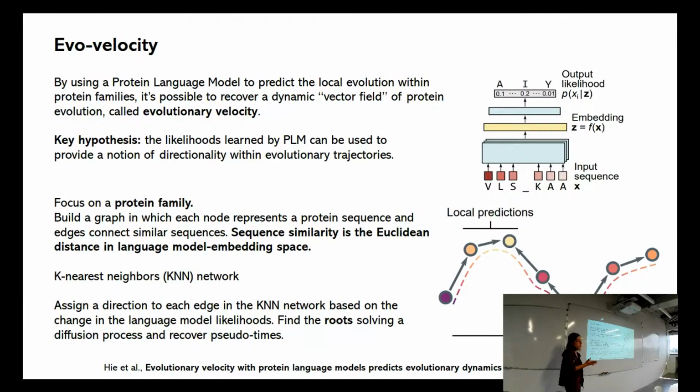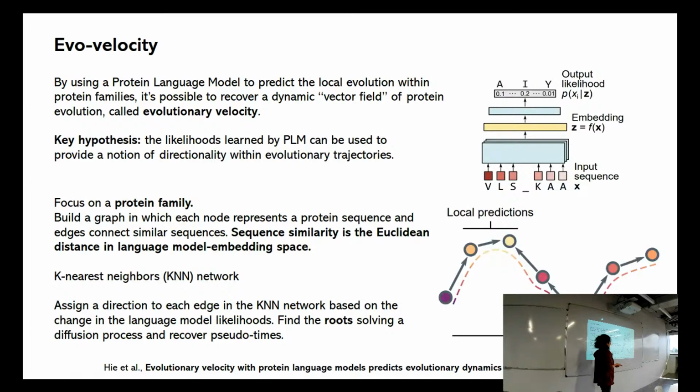With the Euclidean distance, you have these vectors, you calculate the neighborhood of each representation, and you build what is called a KNN network, a K nearest neighbors network. So you fix how big is the neighborhood that you want, so how many close sequences you want to consider. And from this you obtain a graph.